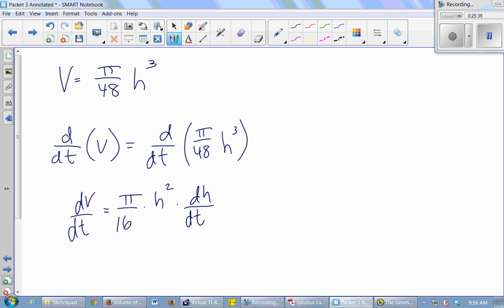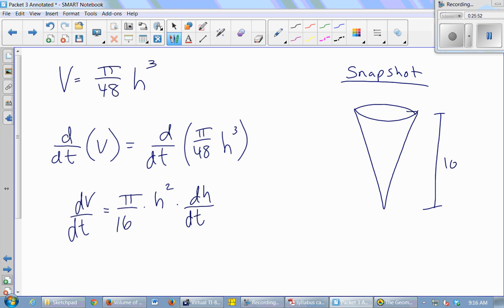Okay, now let's think about my snapshot. What do they want to know? dh/dt when h is 5, right? So now I'm going to draw a picture here where h is 5.